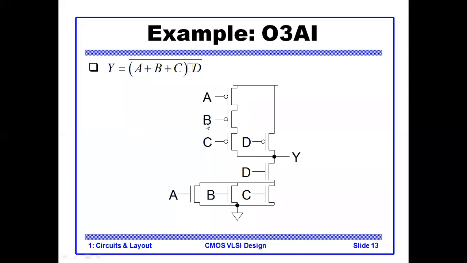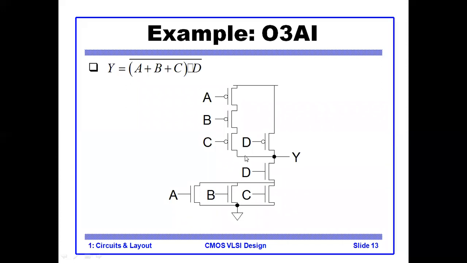So A, B, C, these P-type transistors are in series, and D is multiplied with this term, so D is combined in parallel with this ABC series.